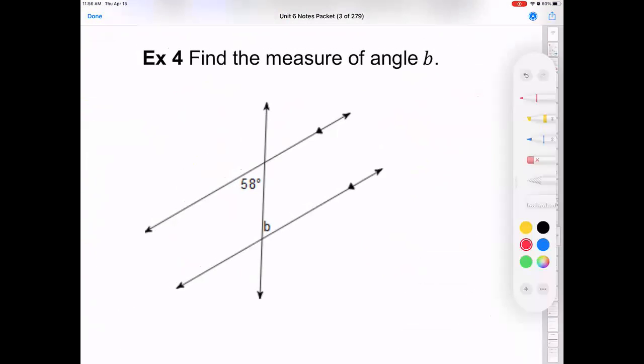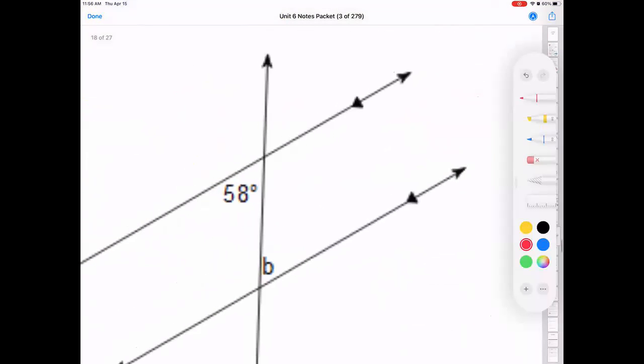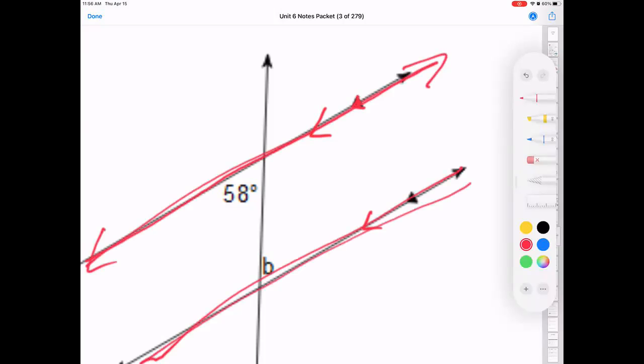We have two parallel lines. By the way, how you know that they're parallel is anytime you see that little symbol there, that's indicating parallel. So we have these two parallel lines, and they are cut by this transversal, this line that goes through both of them.